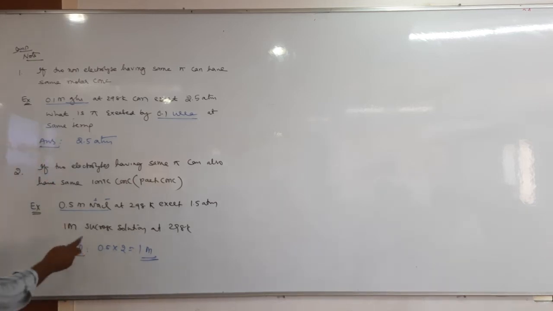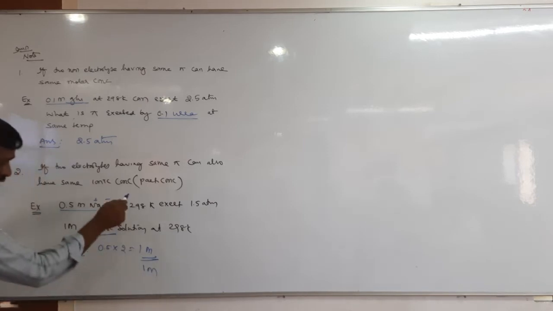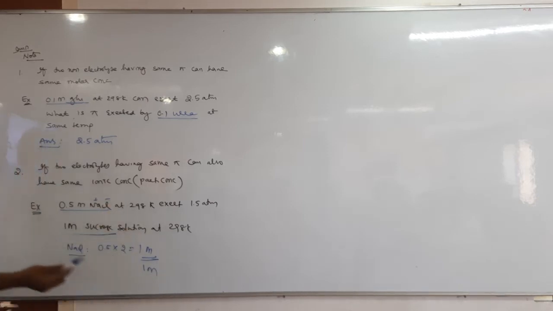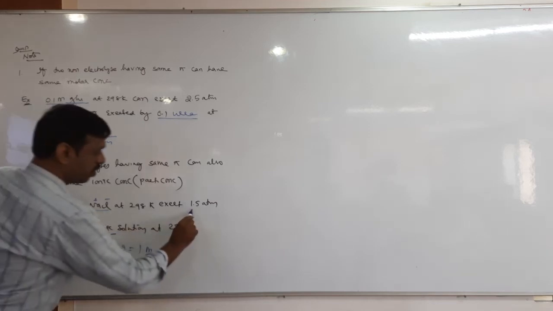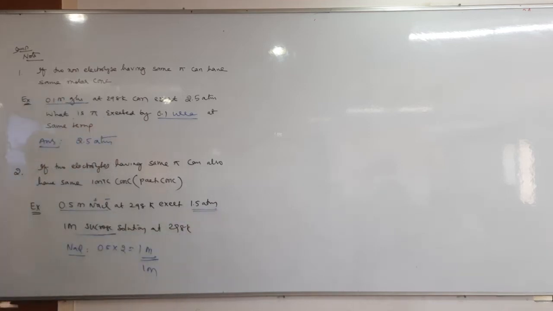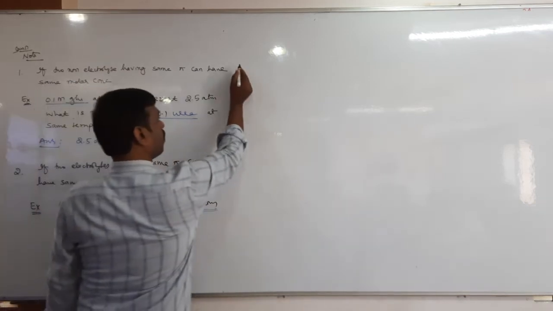Sucrose is a non-electrolyte, so we take only the solution concentration. It is also 1 molar. Therefore, if the concentrations are the same, osmotic pressure will be the same. Answer is 1.5 atm. Okay, next. One more.